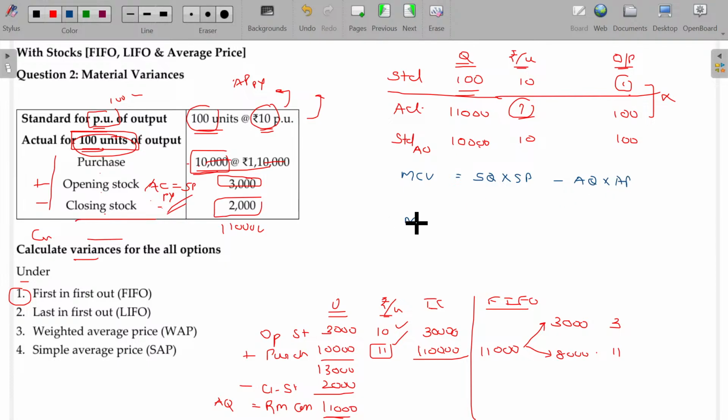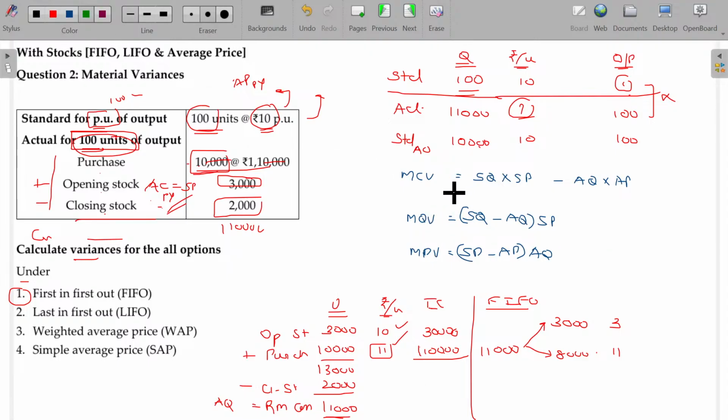Then material quantity variance: standard quantity minus actual quantity into standard price. Material price variance: standard price minus actual price into actual quantity.